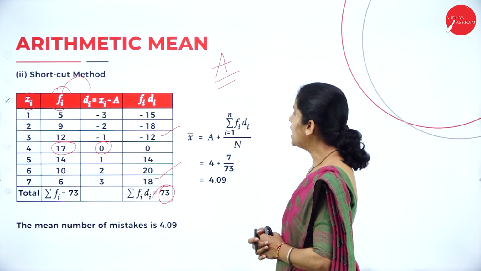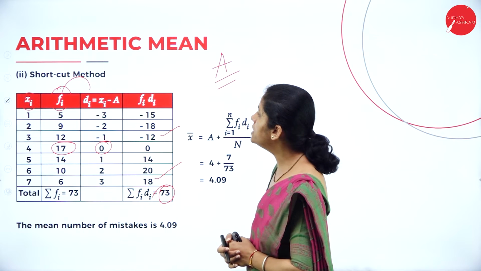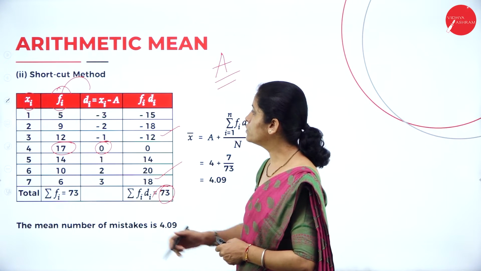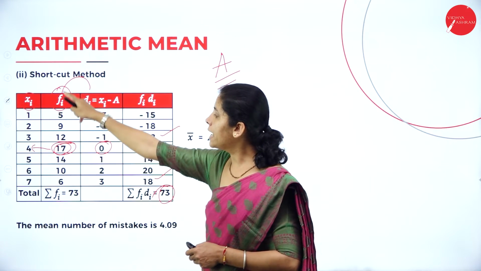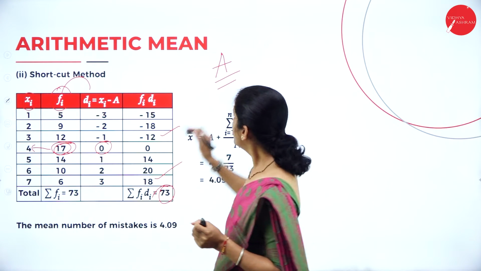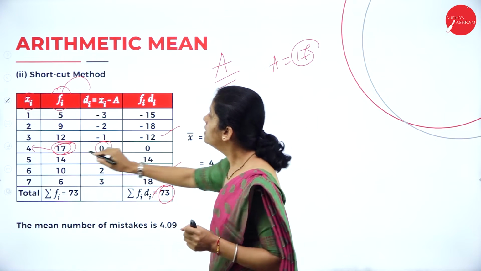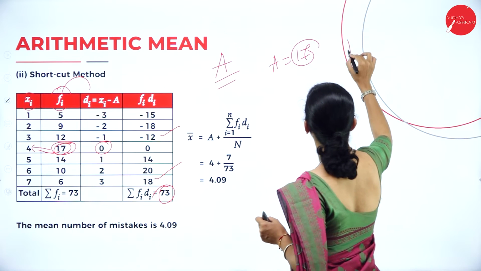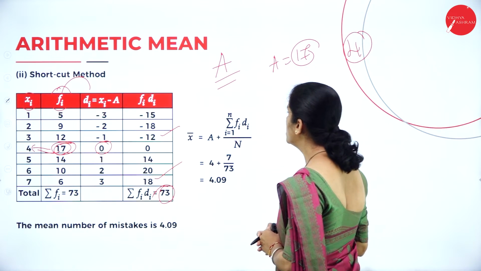Okay, fine. Now, dear student, here the assumed mean is nothing but 4. So a is nothing but 17, which corresponds to the xi value 4.